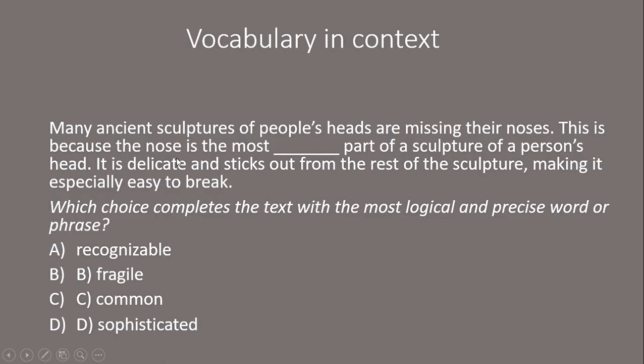That means it is delicate. Something that is delicate is fragile. Now that's why the word fragile will fit in here. That is one way you're supposed to analyze your question.